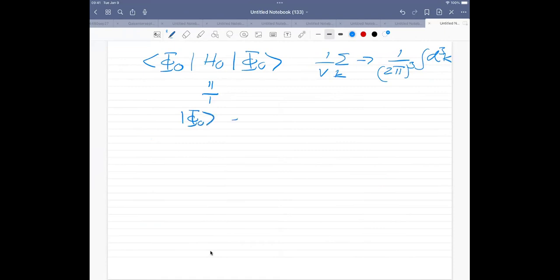Phi is simply the product of all these states, i equal 1 up to N of a_i dagger acting on the true vacuum. I'm not going to repeat the calculation of that because we've done this type of calculation many times.